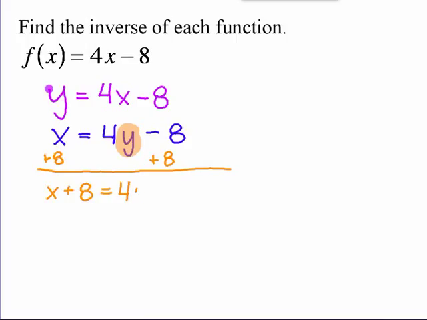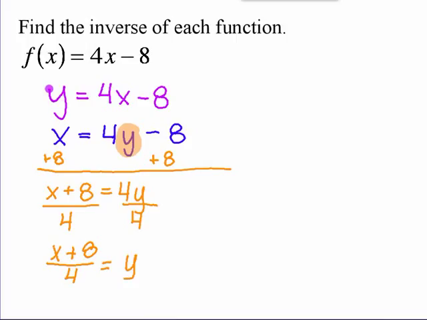Now remember my utmost goal, solve for y. So what do I need to do now? Divide by 4. So on the left side, I now have x plus 8 divided by 4 equals y. So I've done the third step. I have solved for y.